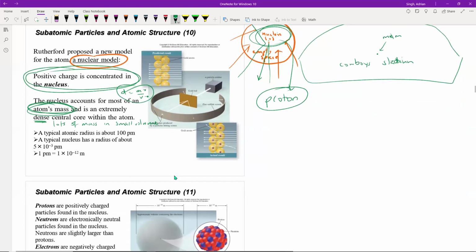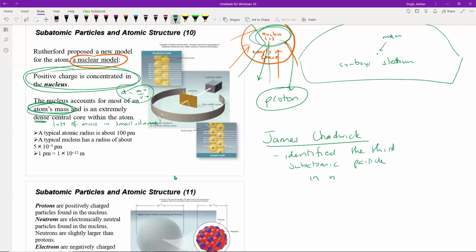So what they actually found, and specifically James Chadwick, was able to identify the third subatomic particle that's found in atoms, which is also in the nucleus, along with the protons, and that's called the neutron.